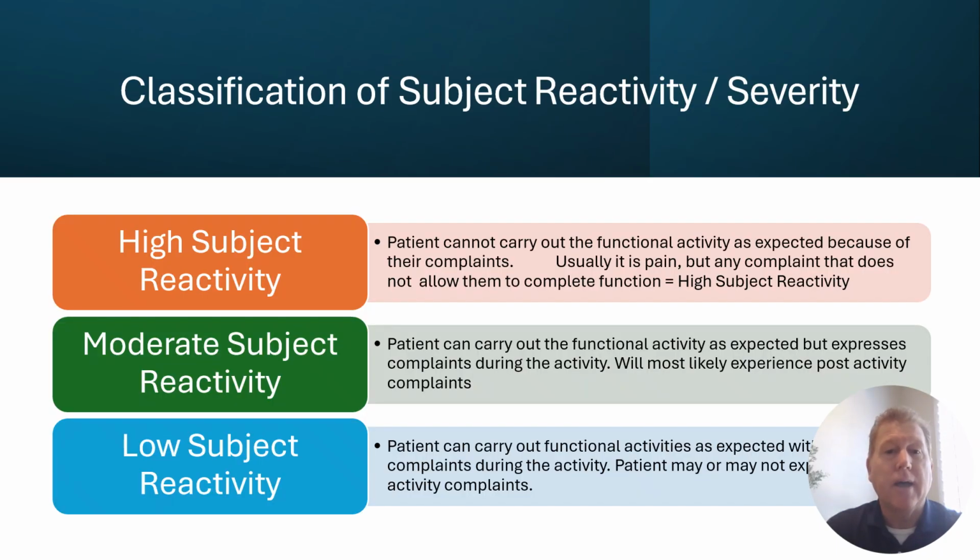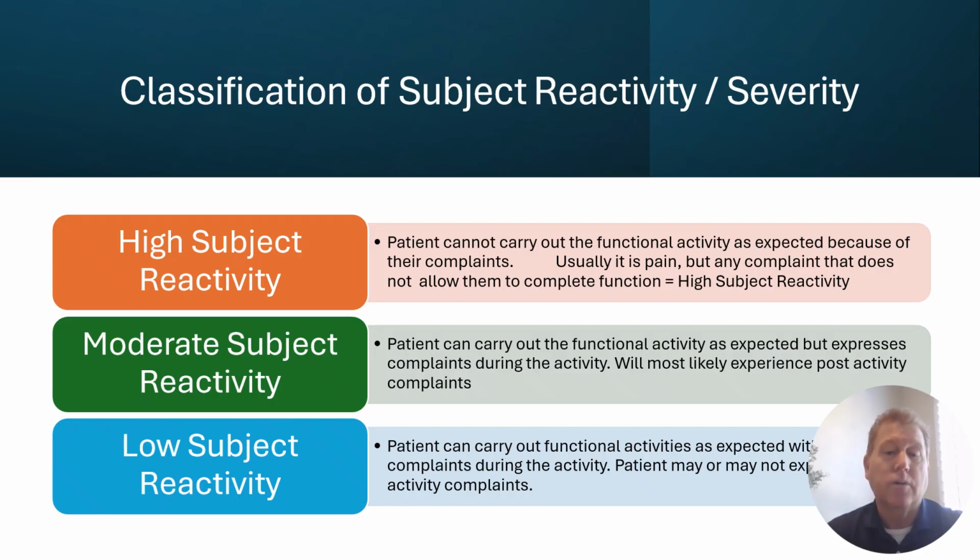If we look at how we categorize this severity, we have three different levels: high, moderate, and low. We use specific questions during the subjective interview to discover which category our patient may fall into.